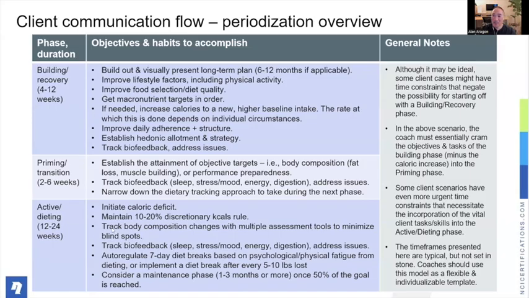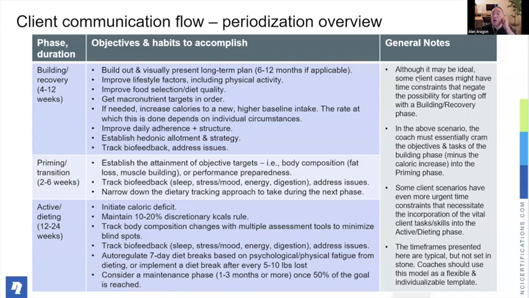And I wanted to put some extra notes about this model, this periodized, phasic model here, where we've got a building phase, a priming phase, and an active dieting phase.